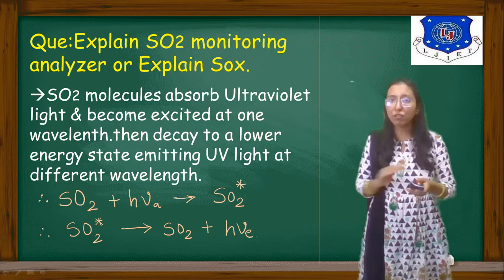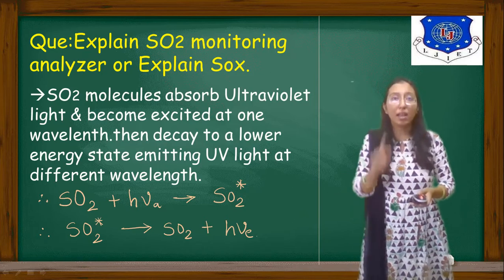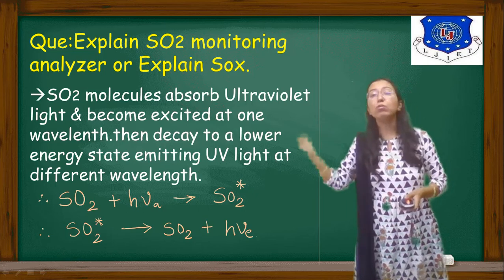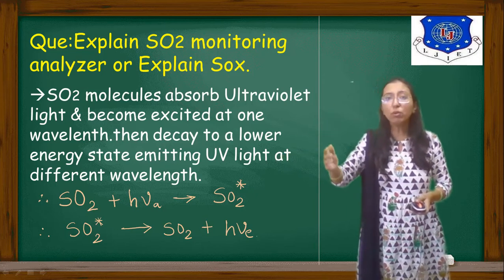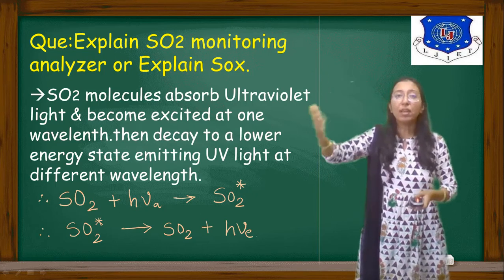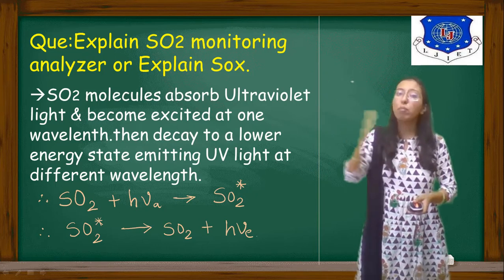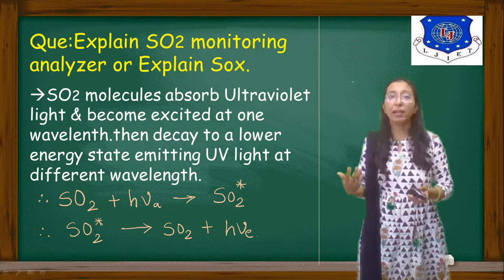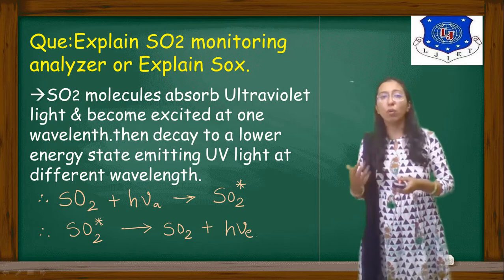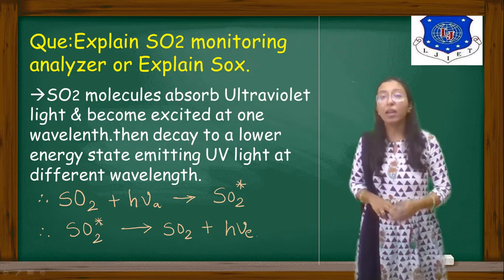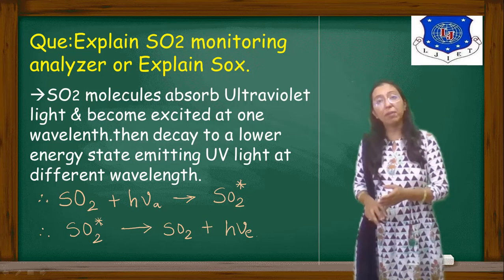In the first chemical reaction, SO2 plus hνA, we get SO2 star, so SO2 reaches the excited state. After releasing energy, it goes back to the ground level, decaying to a lower energy state and emitting UV light at a different wavelength.